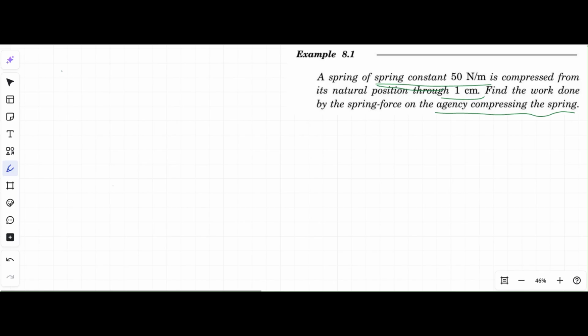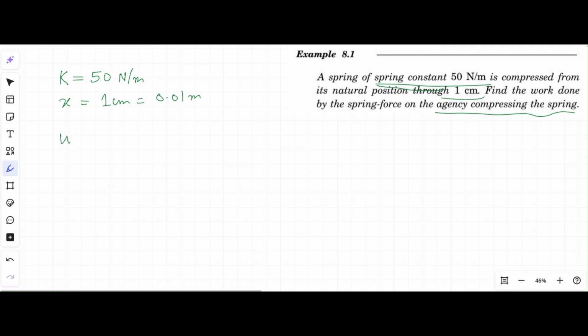So you can see that the K given is 50 Newton per meter, and it is compressed by a distance 1 centimeter, which is equal to 0.01 meter in SI units.